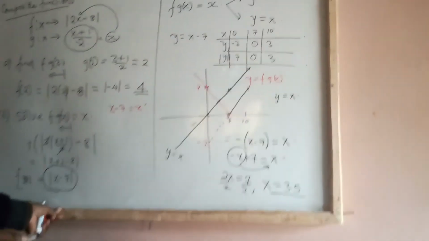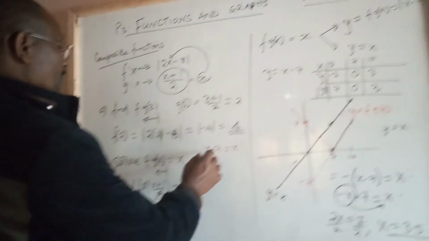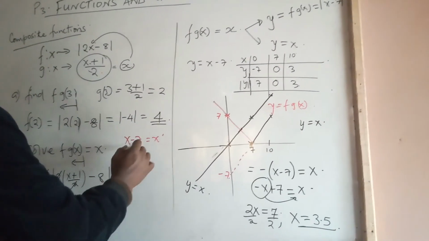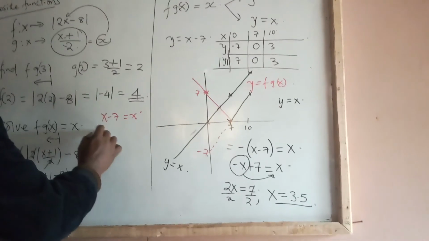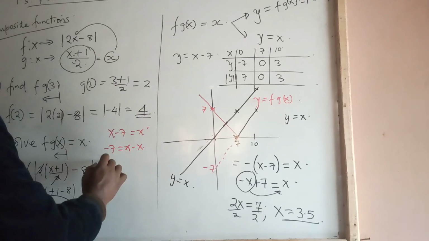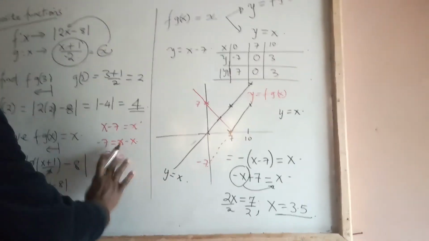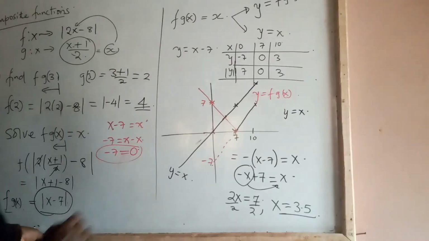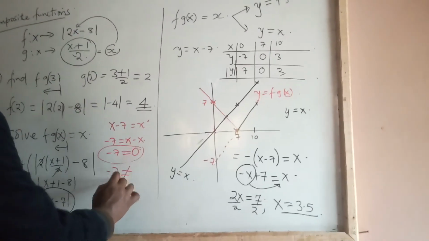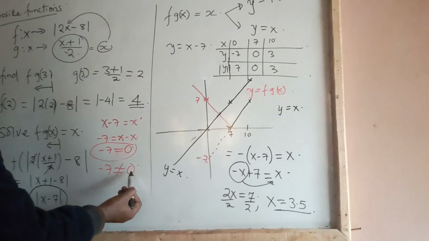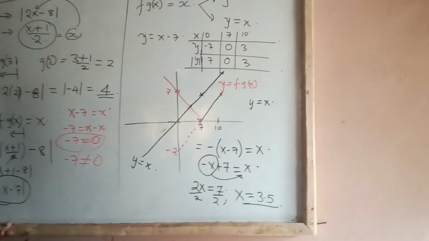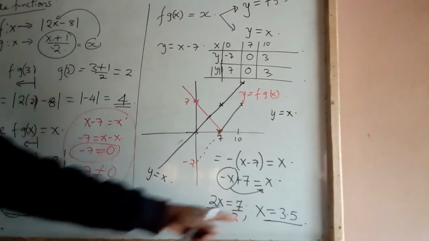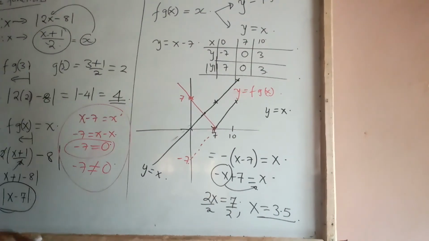And this one is not going to work because if you bring x to the other side, you have minus 7 equals x minus x, and minus 7 is supposed to be equal to 0, and such a relationship does not exist. So minus 7 is not equal to 0. Since minus 7 is not equal to 0, the two lines do not intersect at any other point. This is enough proof. All right, so we only have one solution of x.